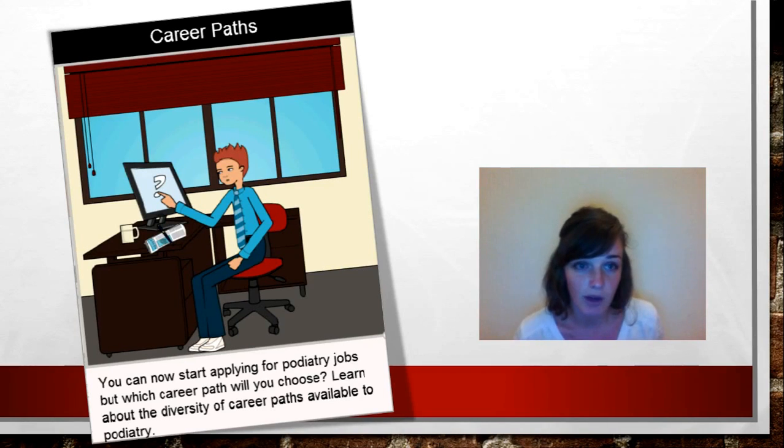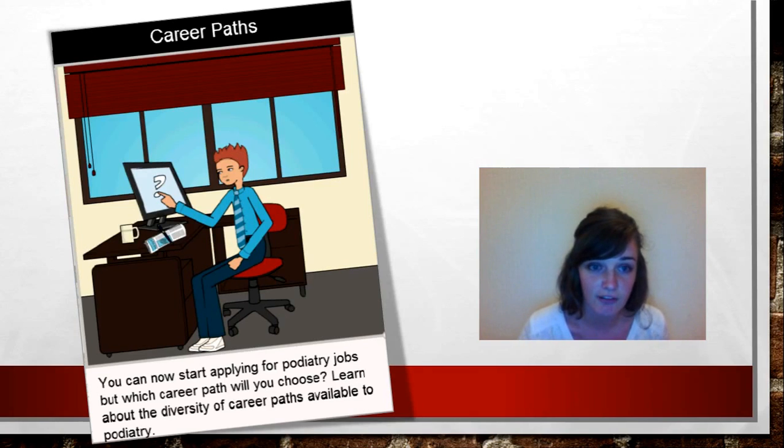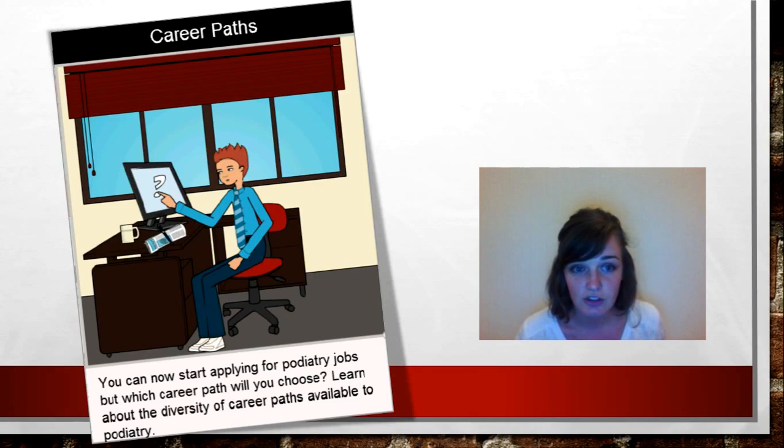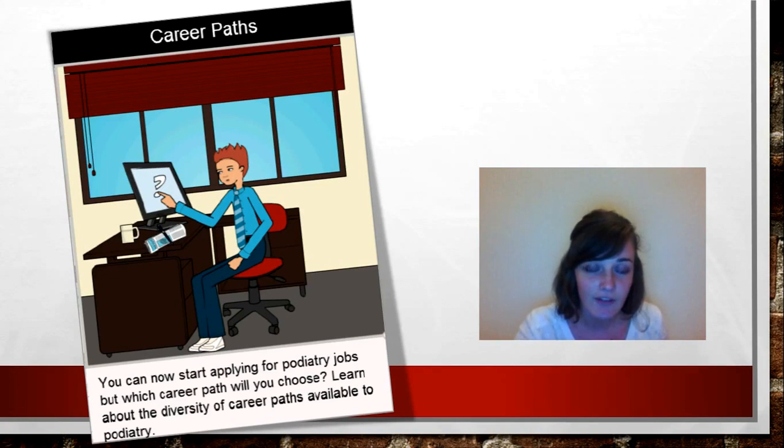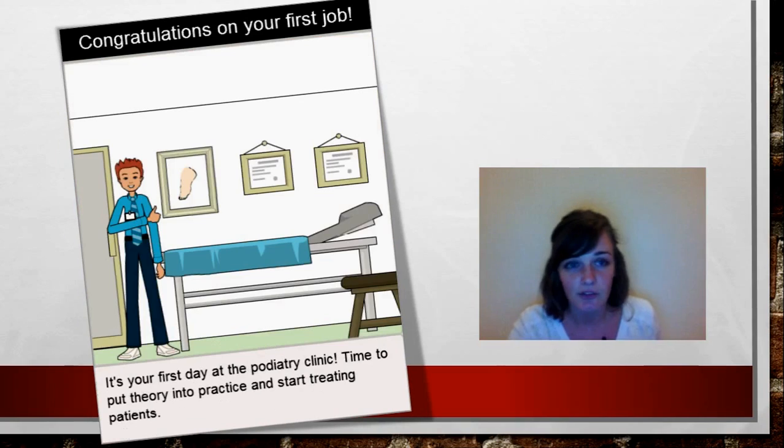So you can work in the NHS, you can go private, you can work in manufacturing, orthotics, there's also sales jobs. So it'll be showing the broad scope of podiatry where the jobs are available. However, for the simplicity of the game, really, Peter has chosen to go into general practice podiatry, which is now where the game continues.